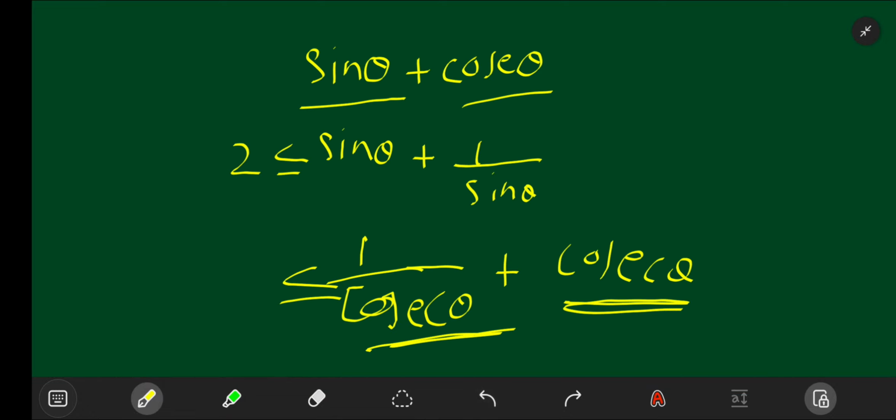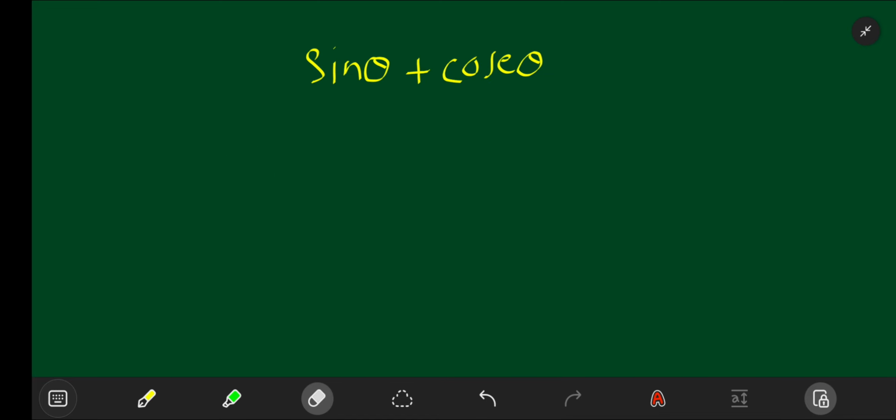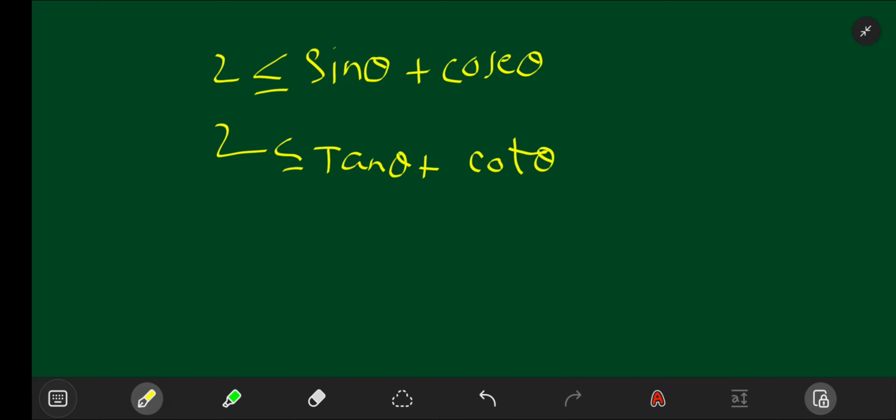The questions are asked in this way. Its minimum value is 2, and tan theta plus cot theta will be given its minimum value also 2.